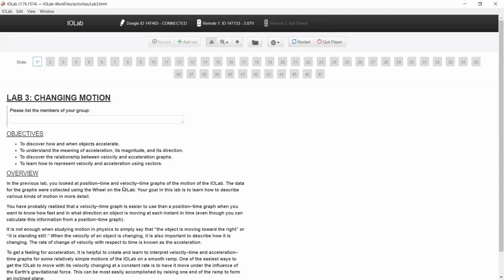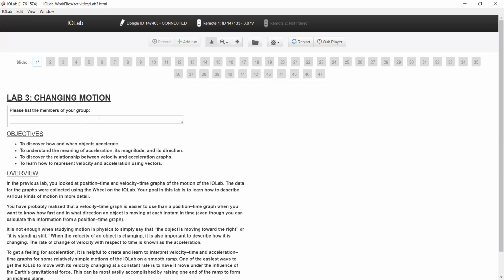We did position time graph, velocity time graph, and the relation between them in lab 2. So we'll be seeing more of acceleration this time, their magnitude, their direction, and how it is related with the velocity graph. So we'll be looking into those things.